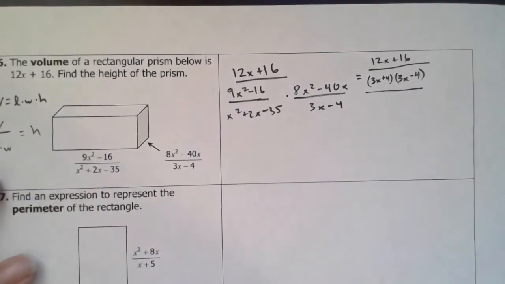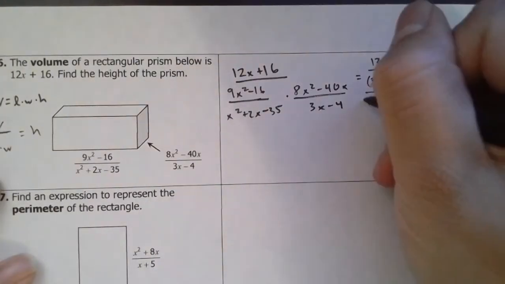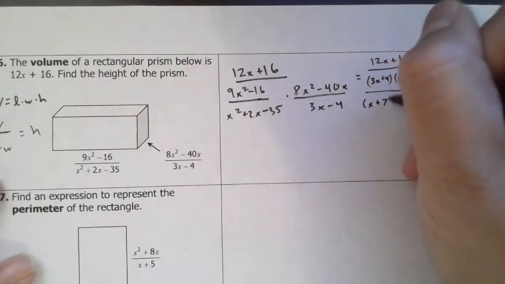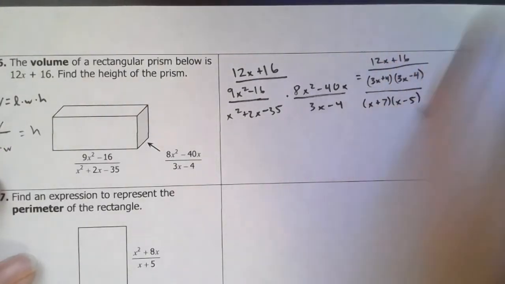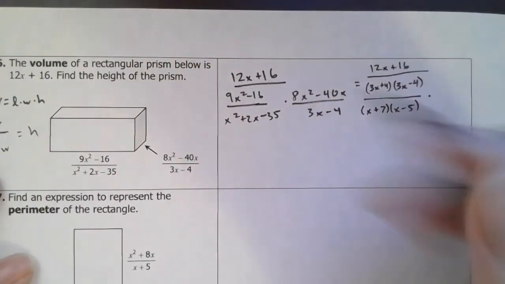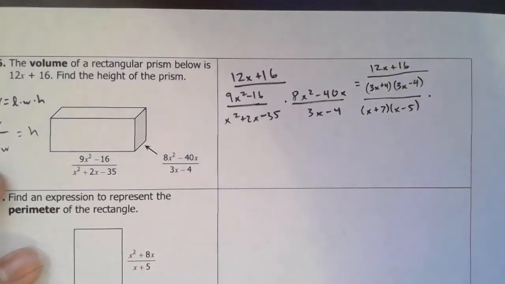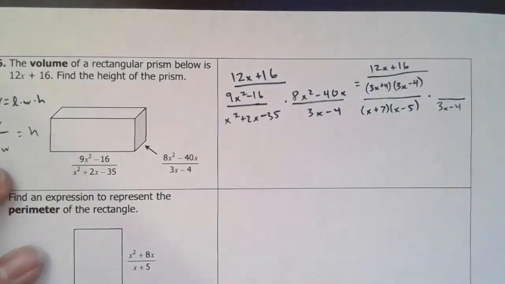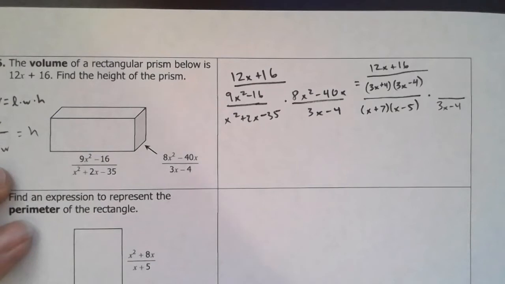That's going to be positive 7, minus 5. So x minus 5 there. So that's this guy times, now let's simplify the second one. The denominator 3x minus 4 is going to stay that way. And then the numerator, I can factor out an 8 and an x.